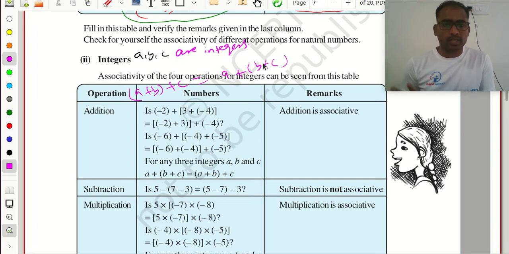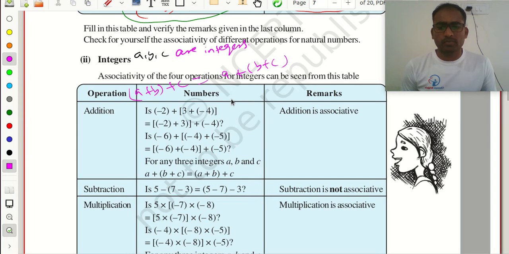With this equation it has to be satisfied. Then we can say this addition is associative. In place of A, B, C, you need to take integers. The integers range is nothing but negative numbers, positive numbers and 0 also. You can take them in place of A, B and C.